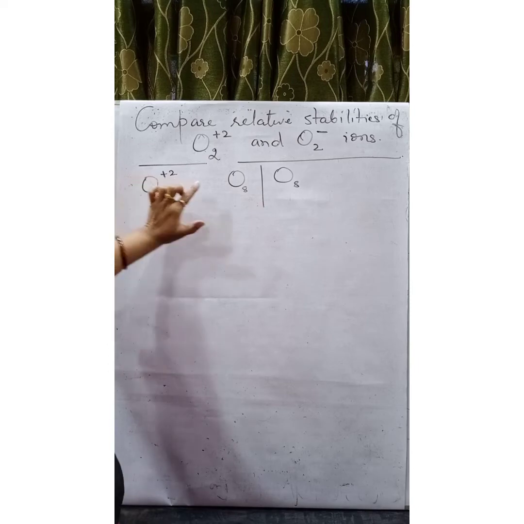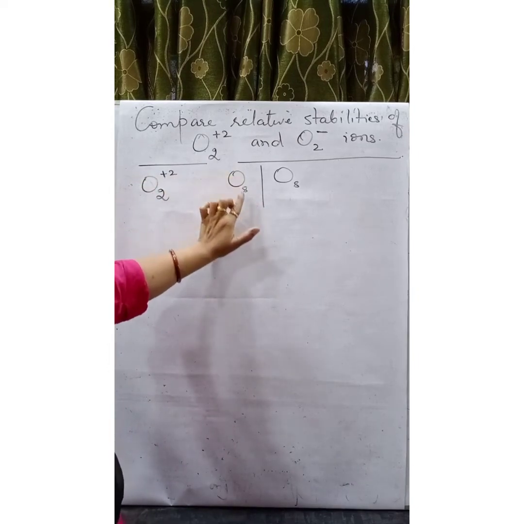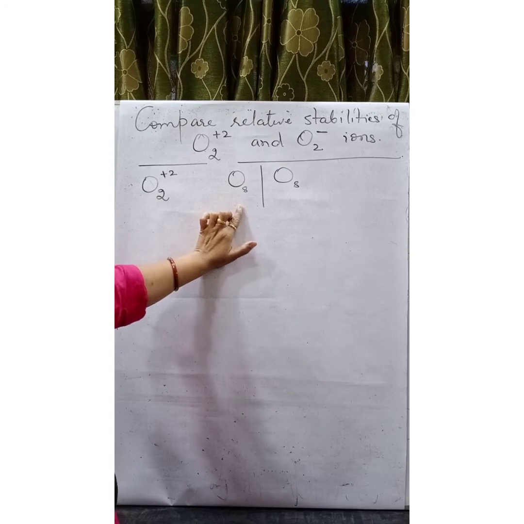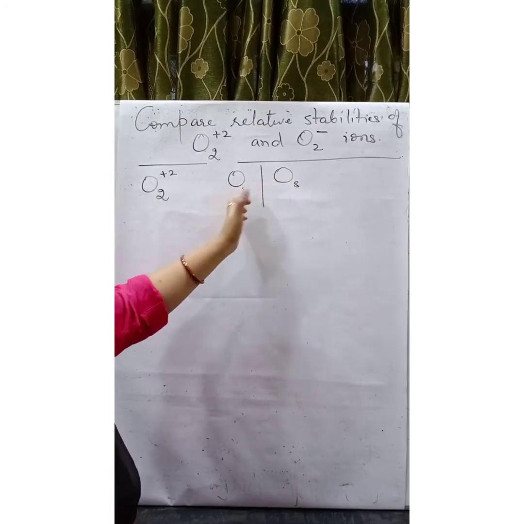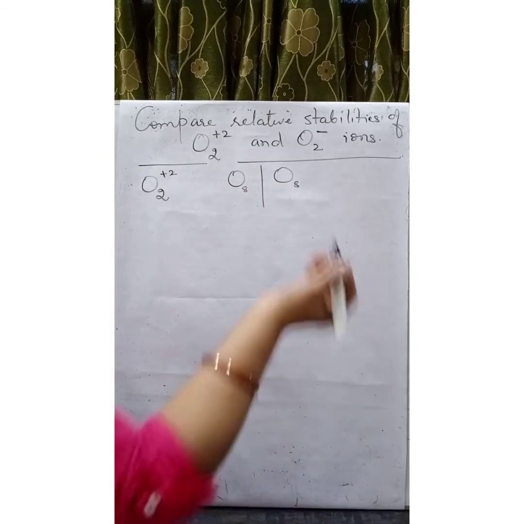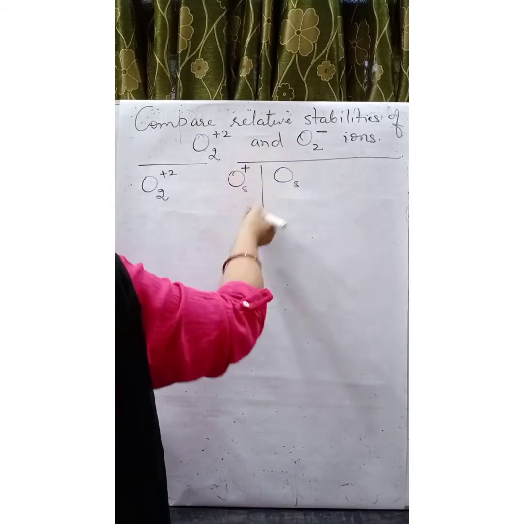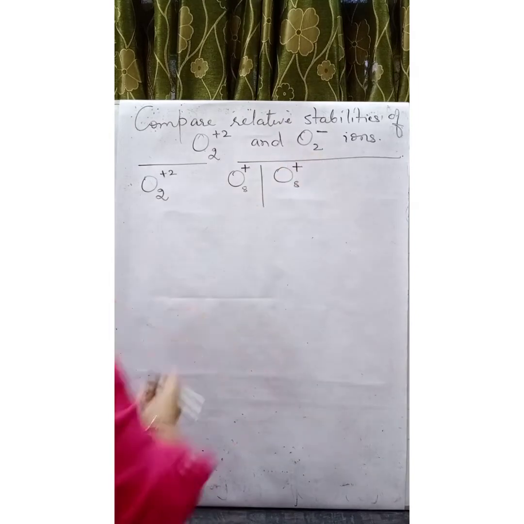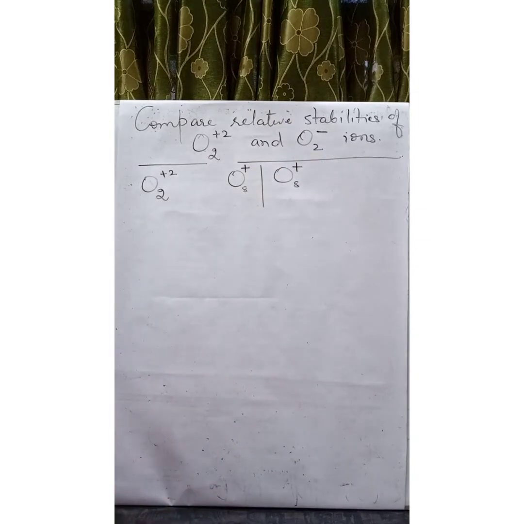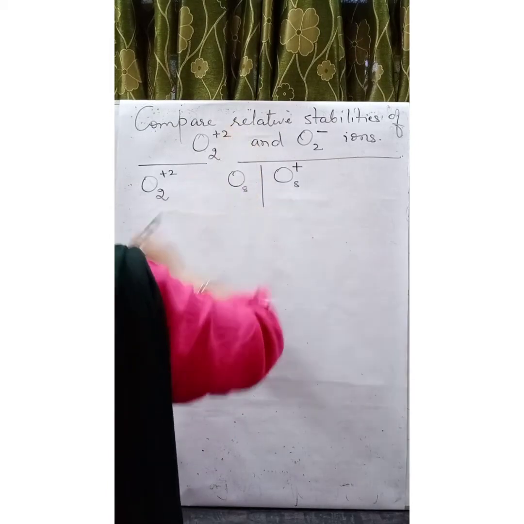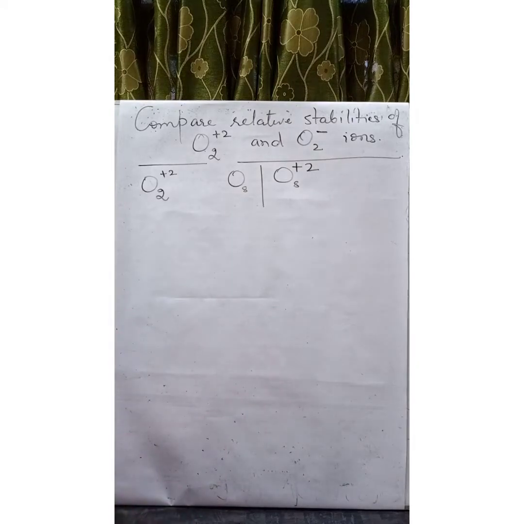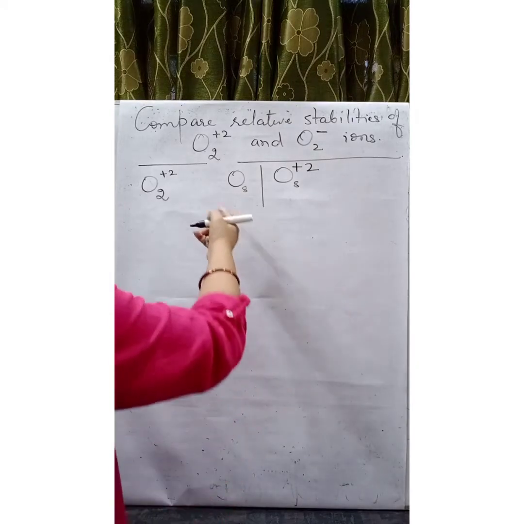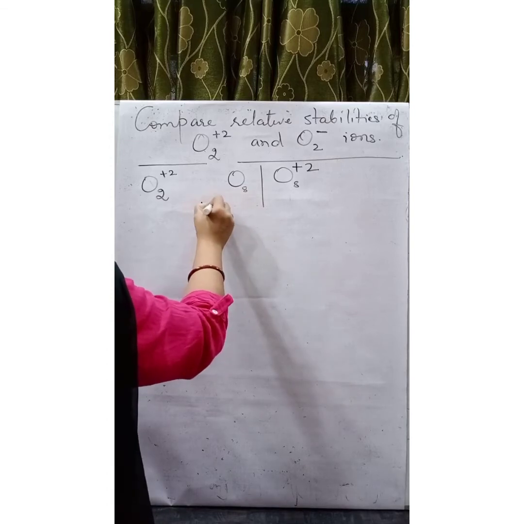Now it's your choice whether you lose both the electrons from one oxygen atom or from the other, or you equally divide the positive charge. So suppose I put one positive charge on this side and one on this side. This is also a correct way. Or I can put both the positive charges on one oxygen atom. That is also correct.